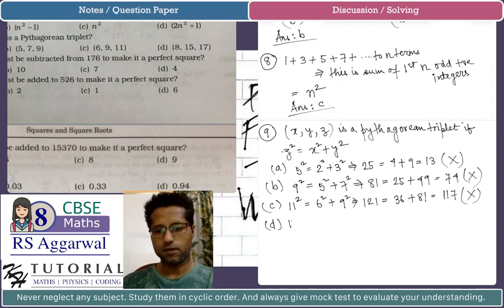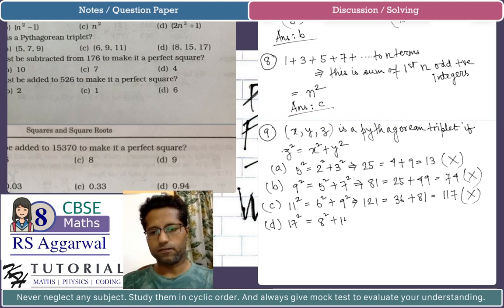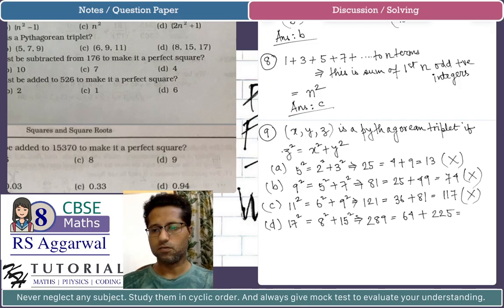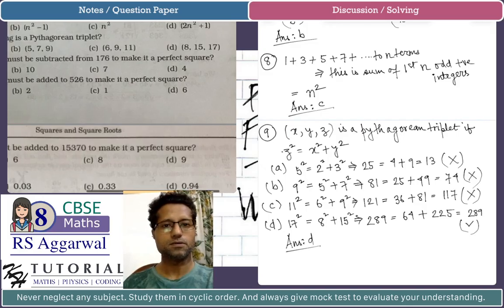So we must have 17 square equals 8 square plus 15 square. This implies 17 square is 289, which must be equal to 8 square, which is 64, plus 15 square, which is 225. This is equal to 289. So this is correct. 17 square is equal to 8 square plus 15 square. So the answer is choice D.